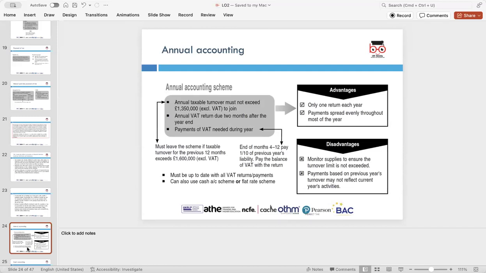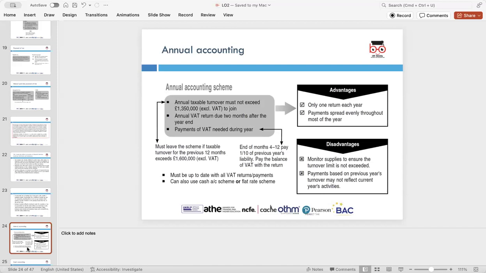However, during the year, businesses are required to make payments of VAT based on their previous year's turnover. These payments are spread out evenly across the year with monthly installments from months 4 to 12, each totaling 1/10 of the previous year's liability.